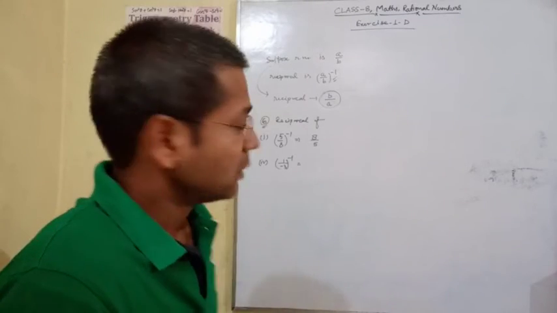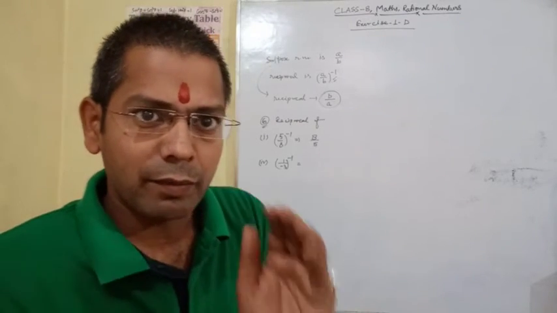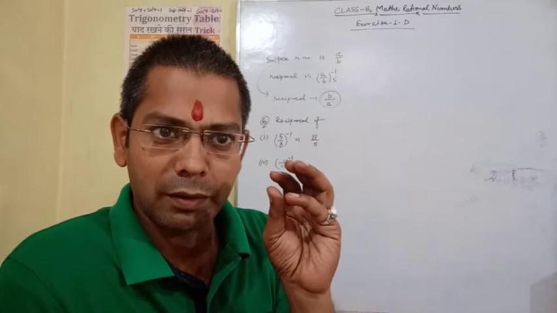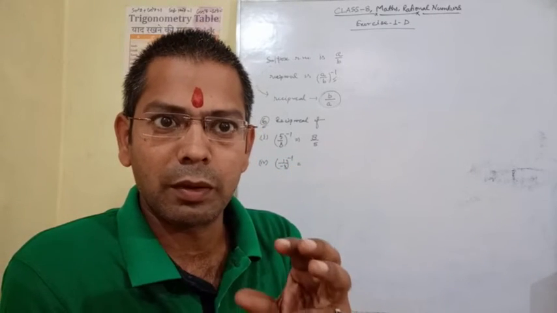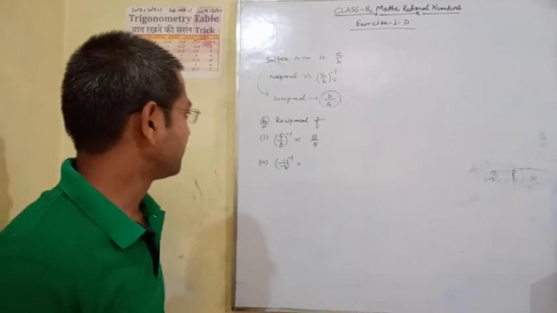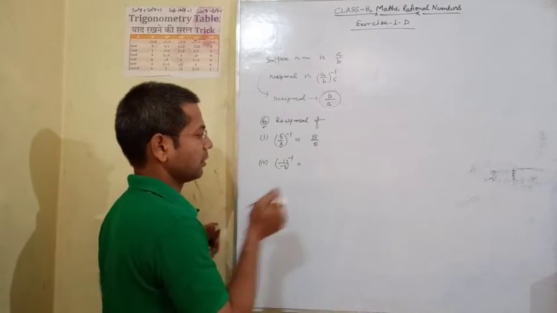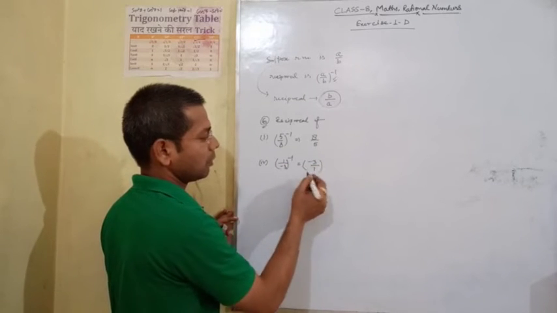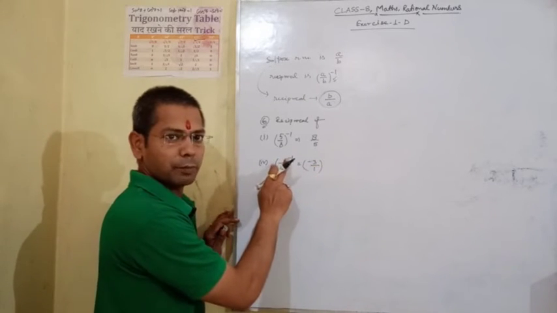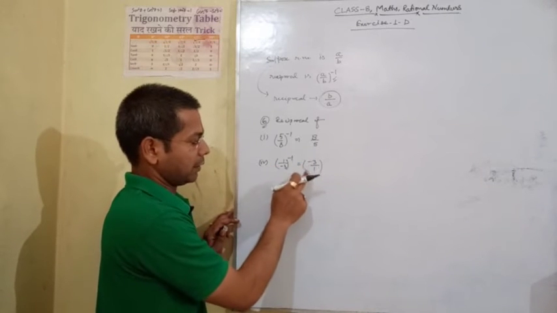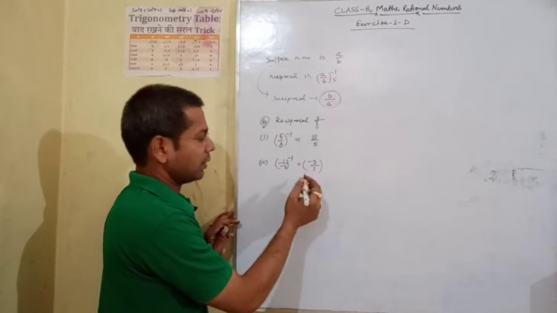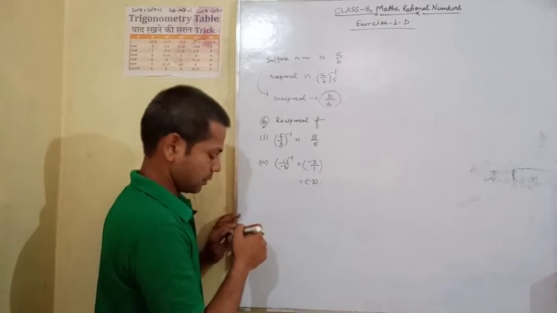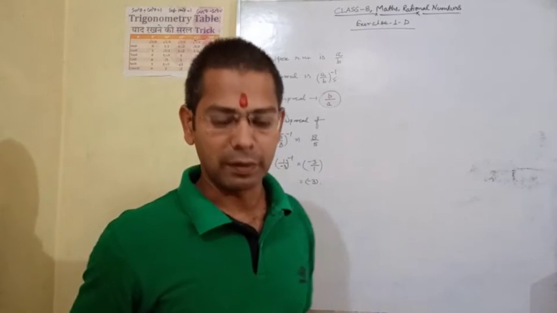We have to take care when we replace the numbers mutually. Minus 3 will go up and 1 will come down. The exponent minus 1 is removed and the terms change position. So the number will be minus 3. Very clear.